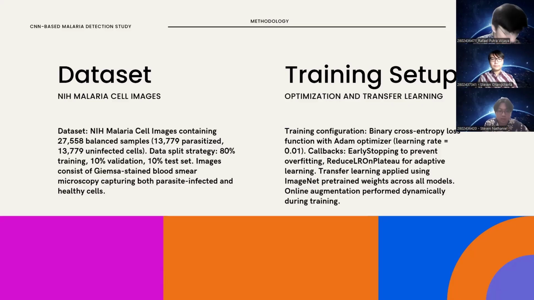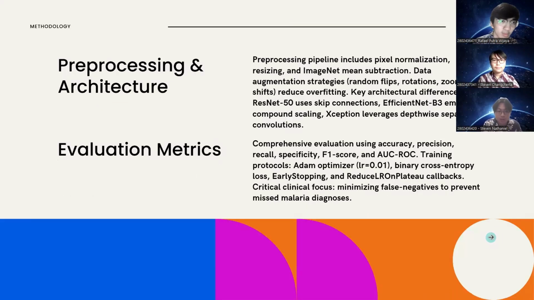For training, we use binary cross entropy loss with the Adam optimizer at a learning rate of 0.01. We add early stopping to prevent overfitting and reduce LR on plateau for adaptive learning. Transfer learning with ImageNet weights was applied across all models, and augmentation was performed dynamically during training.